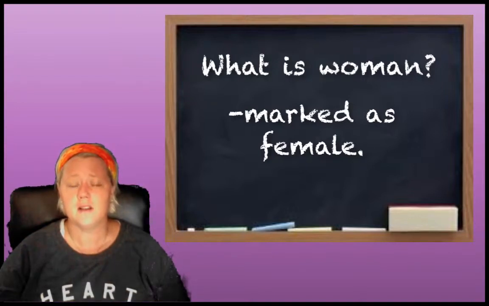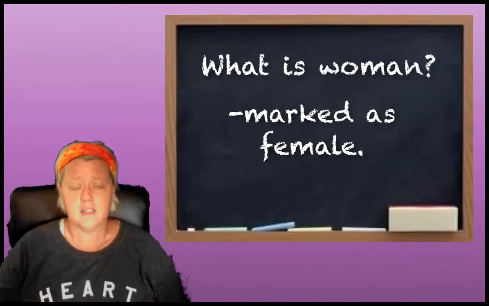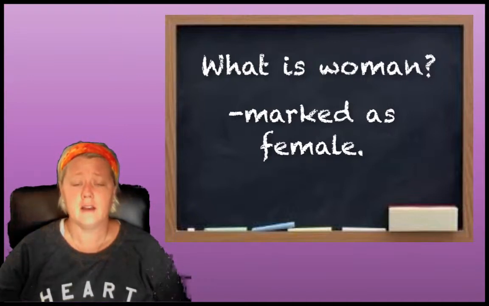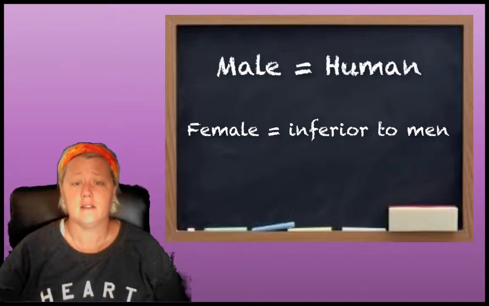Women have to define themselves as women, whereas men are just people. They're neutral. So humanity is essentially male, and humanity defines women as relative to men, as inferior to men.